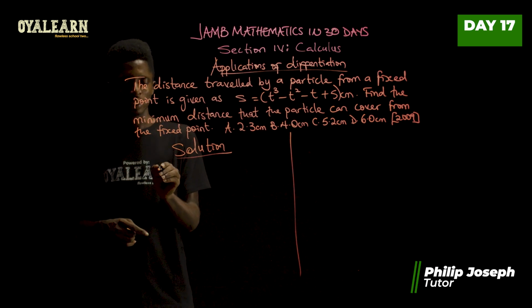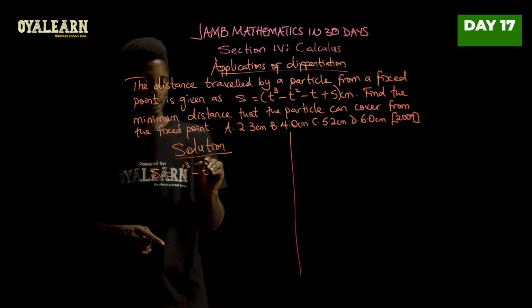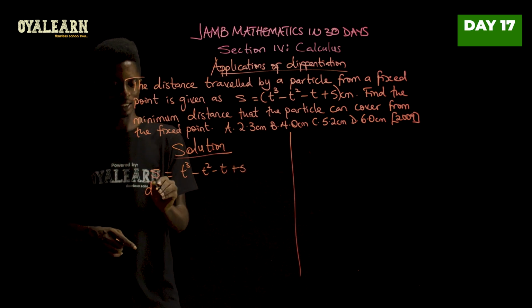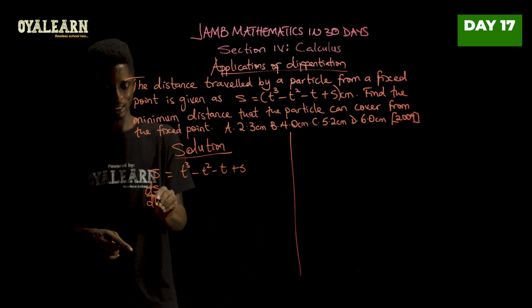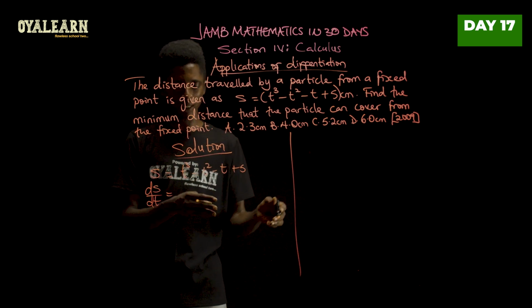So since s is t cubed minus t squared minus t plus 5, the ds/dt would then be, now remember we have to equate it to 0 in the end.